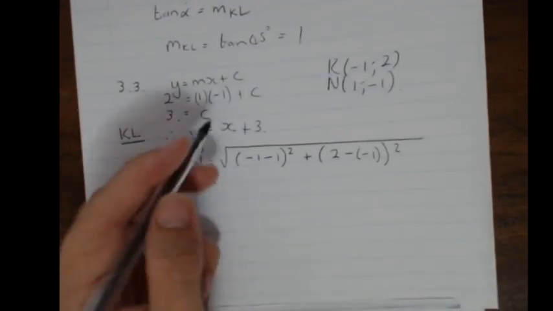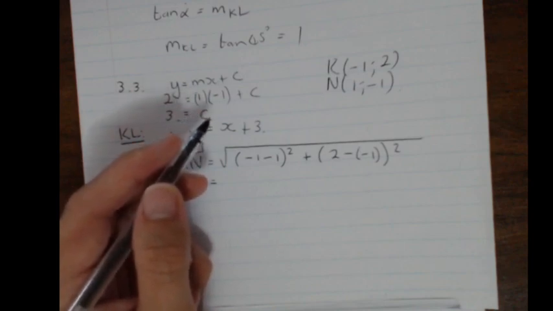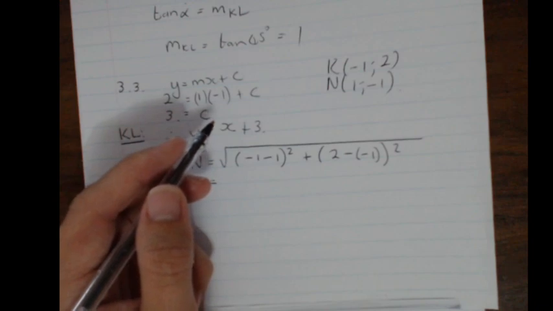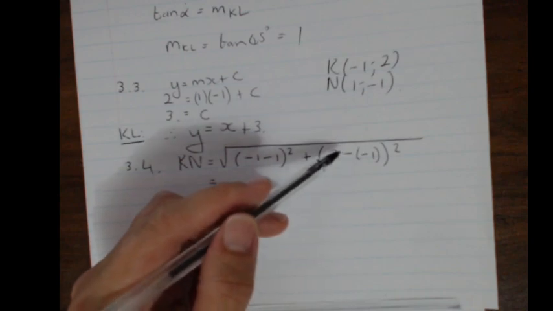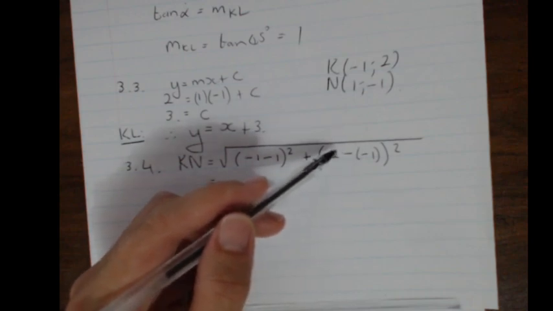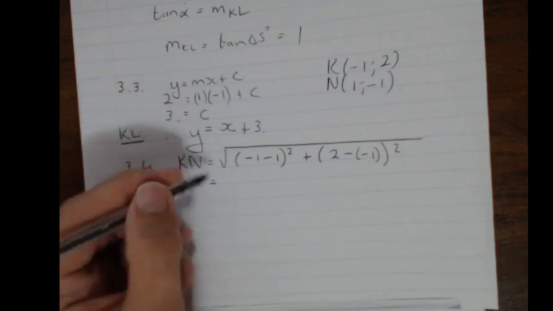You can type this in your calculator just as it is, and that gives me root 13.